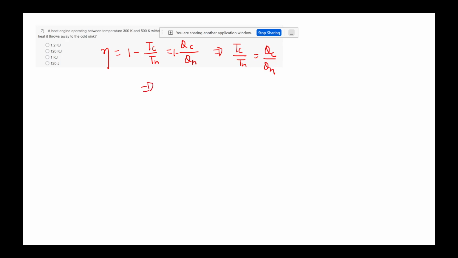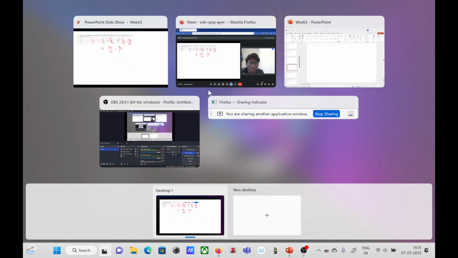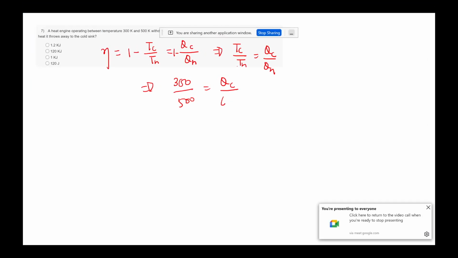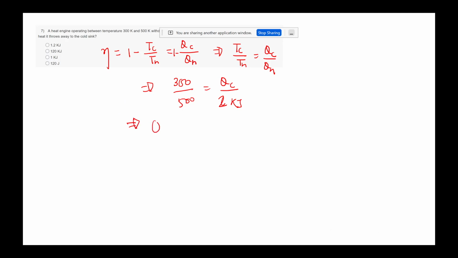Now we know Tc and Th are 300 and 500, and Qc we have to calculate, and QH is 2 kilojoule. So Qc will be 2 times 3 by 5, which is 1.2 kilojoule. Okay, this is the answer. This is pretty simple.